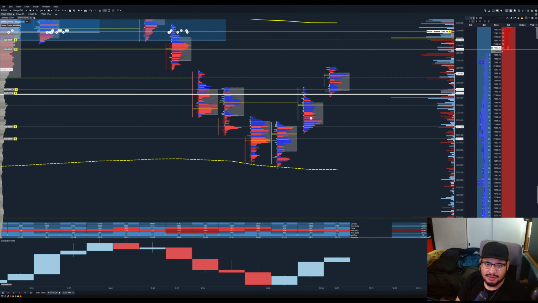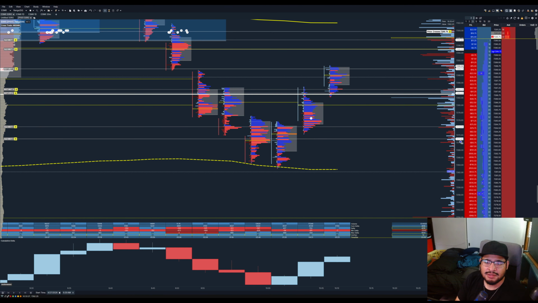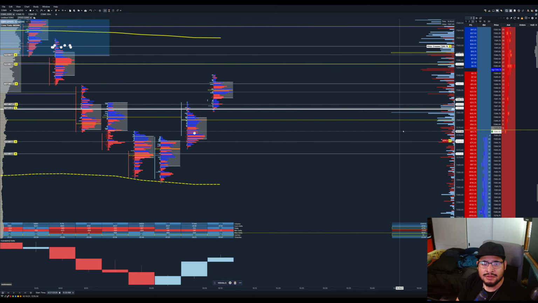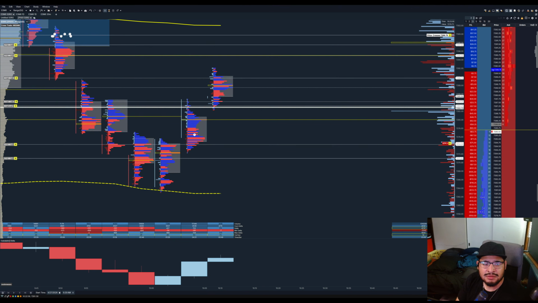Let's see if we can stay above the 30-minute opening range low. This is an eval, so 72, 74, risking 200.